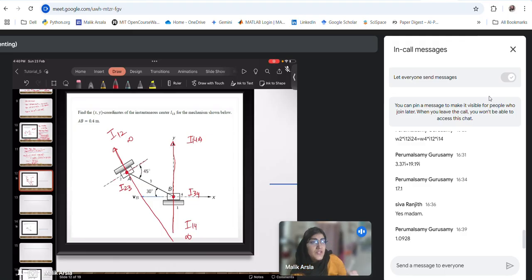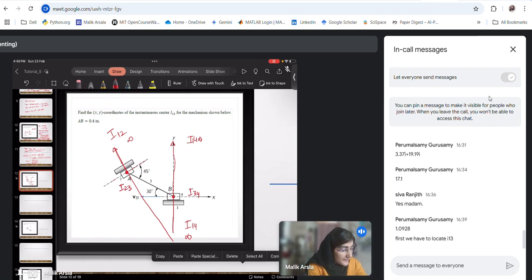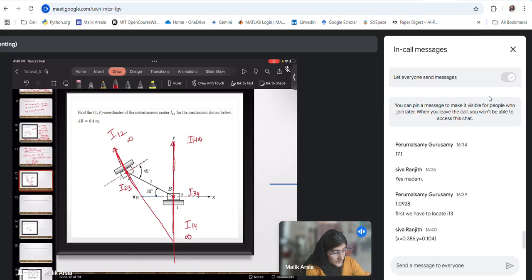See, again using the Aronhold-Kennedy theorem, we know that I14 and I34 are along this line. So I13 is somewhere in this line, and I12 and I23 are on this line, so it is somewhere along this line. So basically we could already see that point P is here.